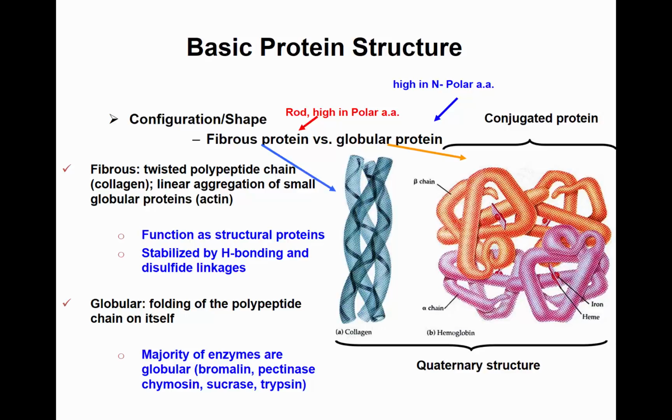Some food proteins are globular, like whey protein and soy protein. There are also storage proteins, which are not on the slide, but storage proteins in a plant usually are globular proteins. But we also have globular protein in dairy, such as whey protein.